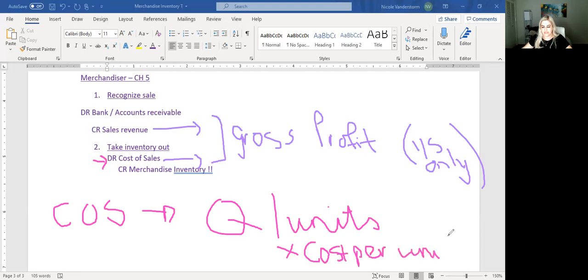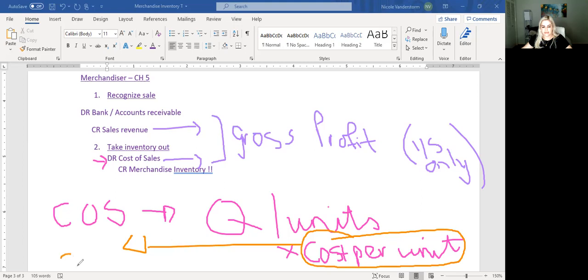It's a calculation. And when we go into chapter 6, we will talk about the complexities around calculating this cost per unit. So this is what we're going to be discussing in chapter 6.